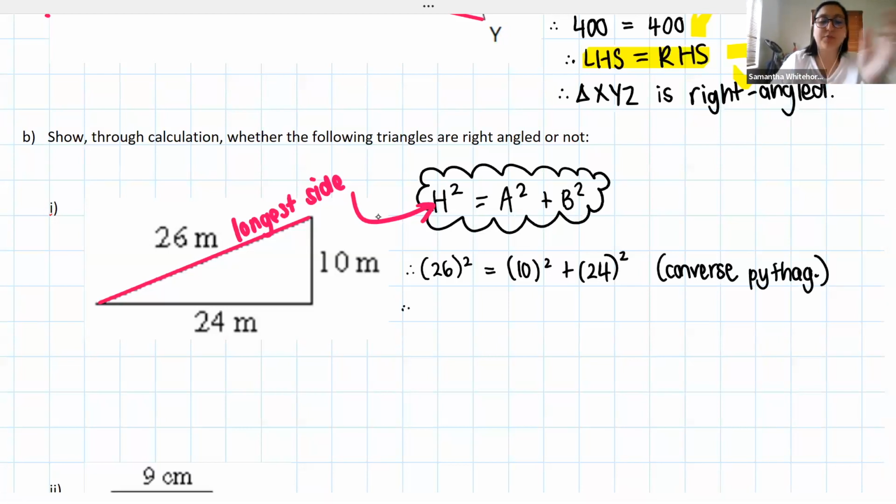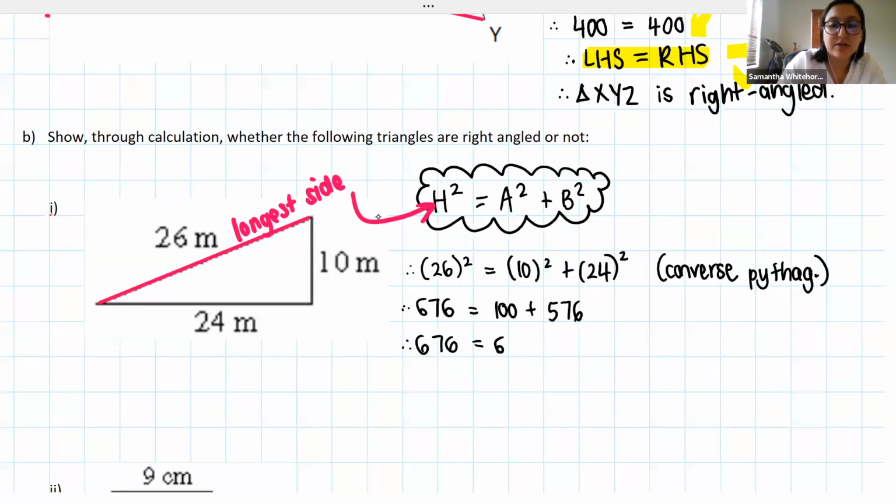Okay, so now we go and prove. Remember, we're trying to prove left-hand side equals right-hand side. So 26 squared exactly is 676. 10 squared is 100. And 24 squared is 576. If we now add 100 and 576, we get 676.